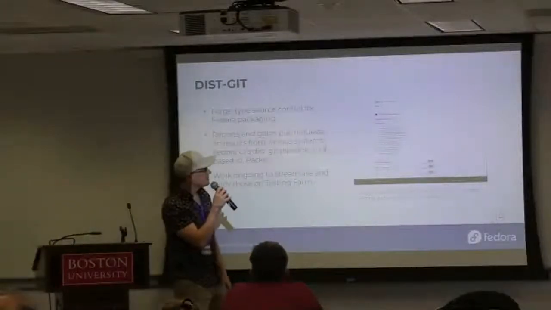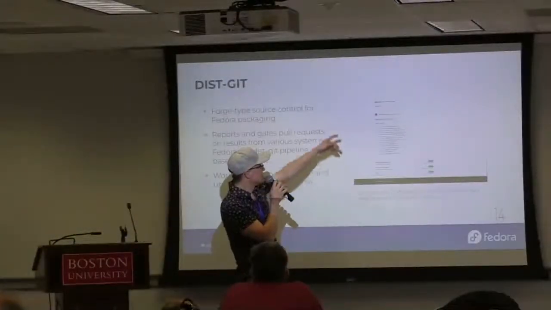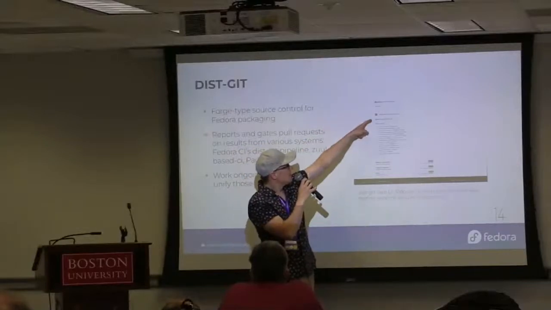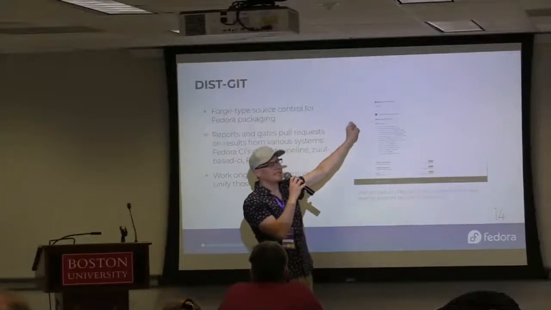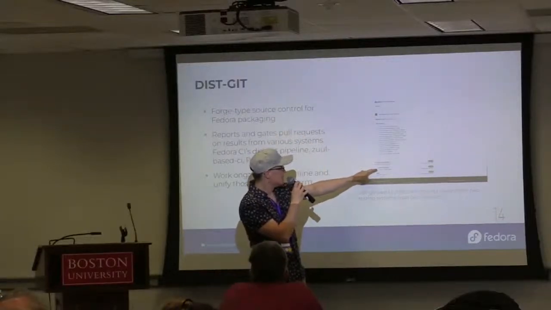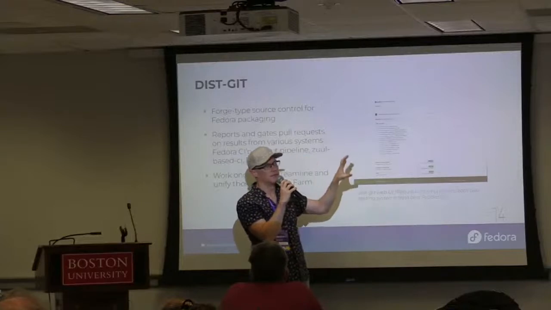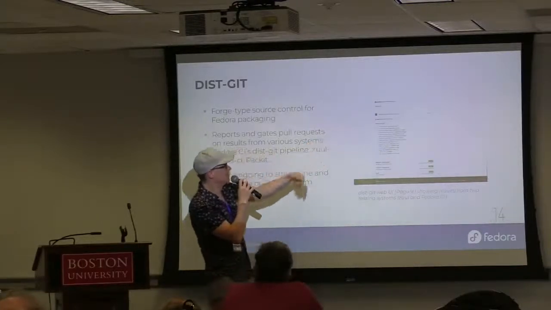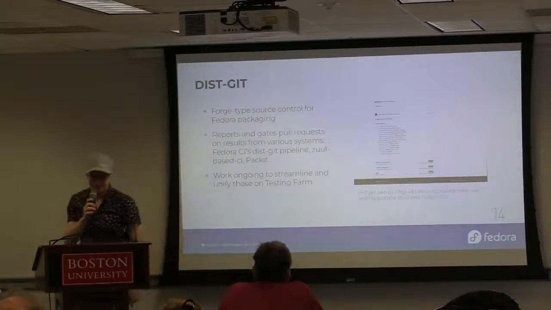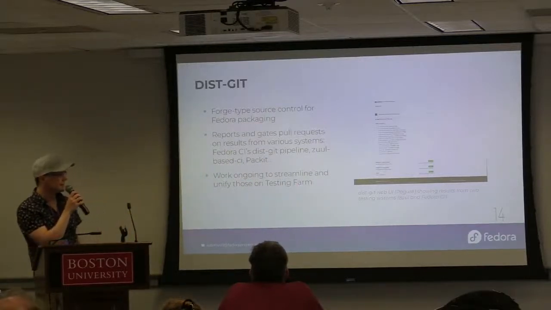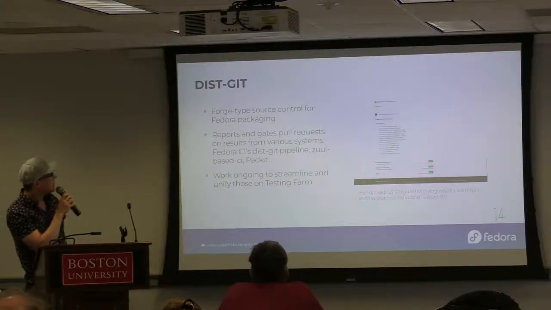If you do that, these days, your pull request will get a bunch of comments from automated systems. The one headlined Zuul is coming from the Zuul-based CI system. And these two down here, Fedora CI scratch build and Fedora CI dist-git test, are coming from Fedora CI proper. They are planning to merge these in, but this is a place where you can get your results. And this happens right now. That's just a random pull request I pulled as an example. That's live. That's all a real thing.